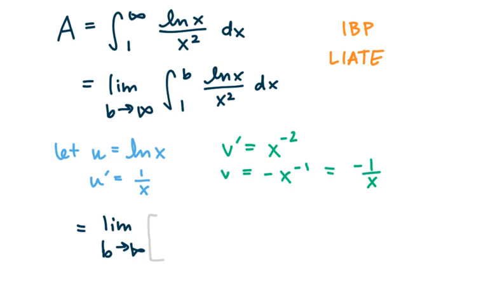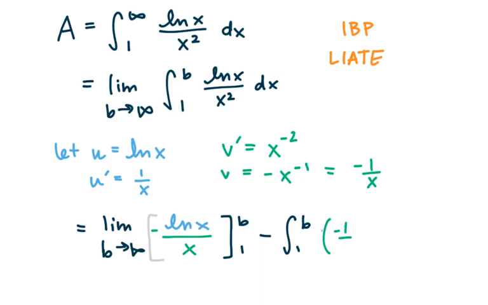So uv, I end up with ln x over x, and we have a negative in the front. We need to evaluate that from 1 to b minus the integral from 1 to b of vu prime, which is negative 1 over x, times 1 over x dx.